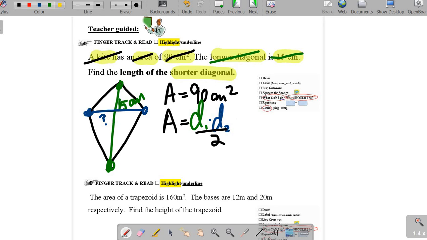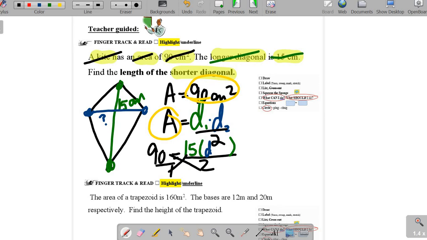Circle, plug, chug. Cross multiply, that's going to be 180 equals 15 times the other diagonal.